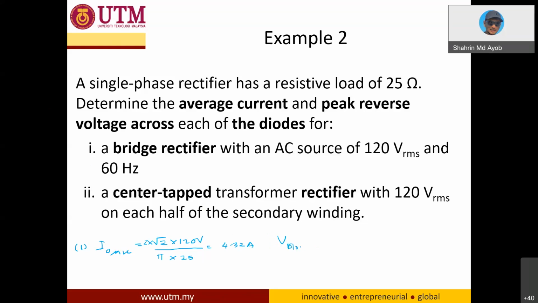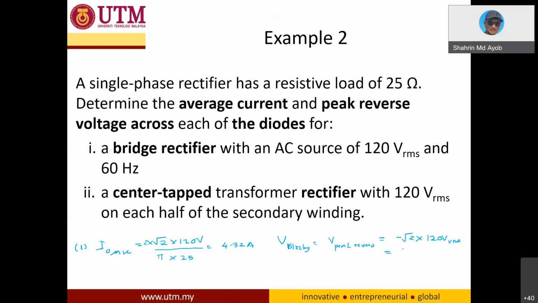And for the V blocking, we call this one V blocking. You can also use V peak reverse, which is equal to negative square root 2 multiply with 120 volt RMS, which is 169.